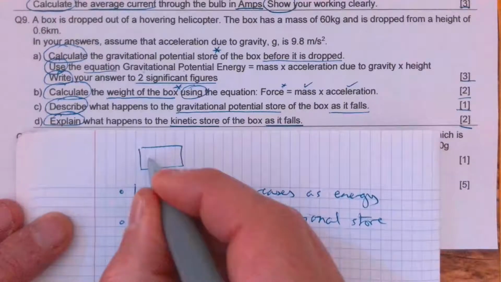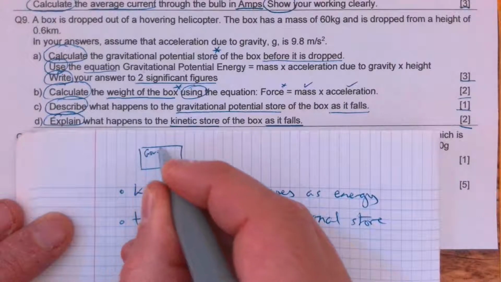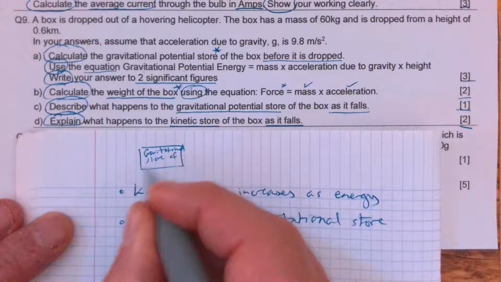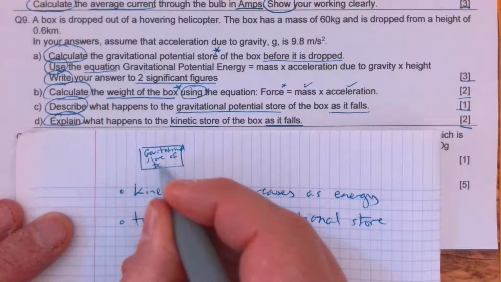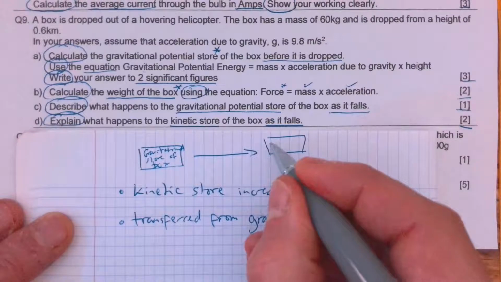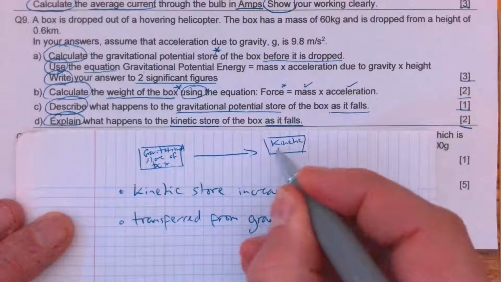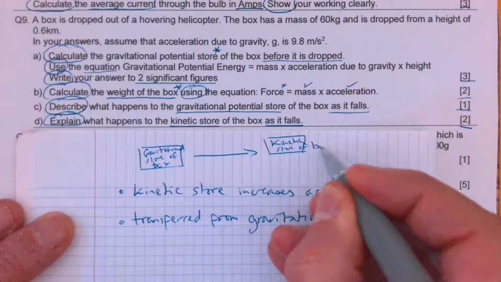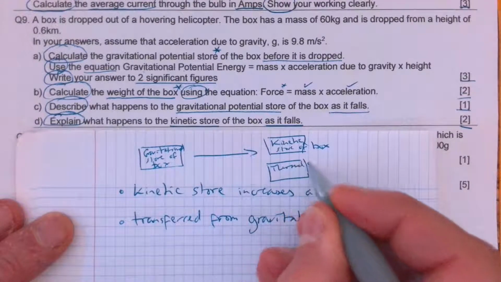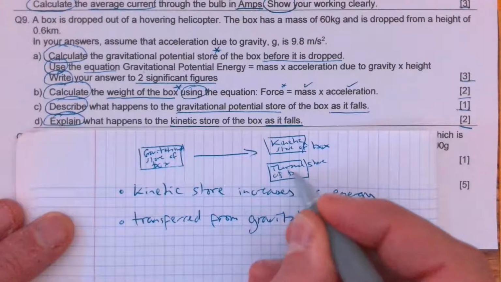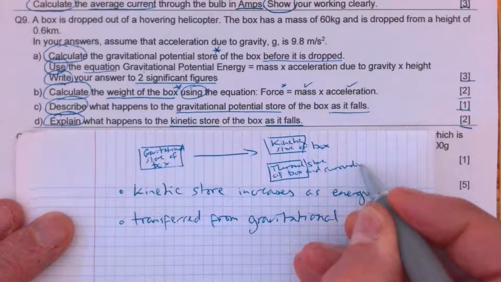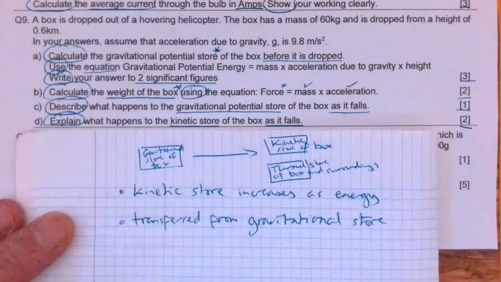In this case, the gravitational store of the box. It's a box falling, isn't it? Yep. The gravitational store of the box goes to 2 things: the kinetic store of the box, but it also goes, if you remember, to the thermal store of the box and surroundings. We always get the thermal store increasing.